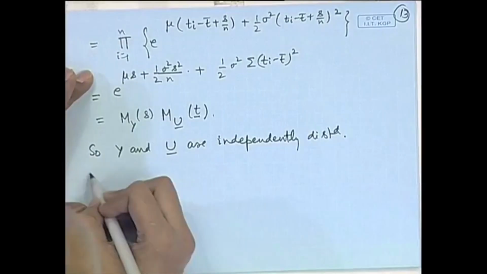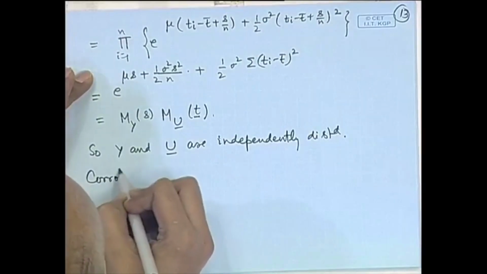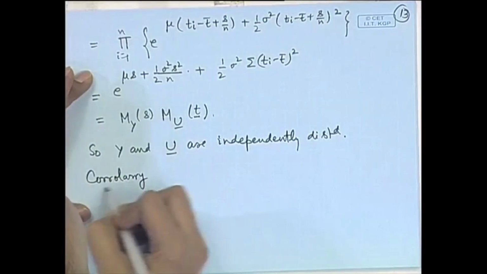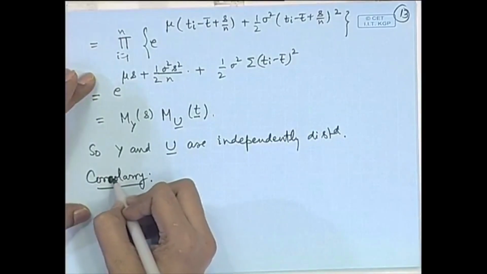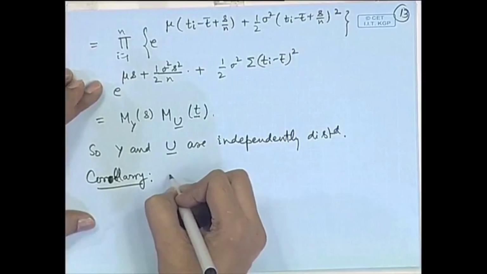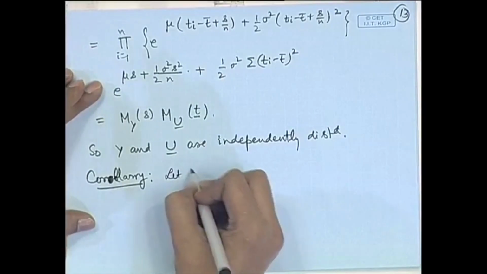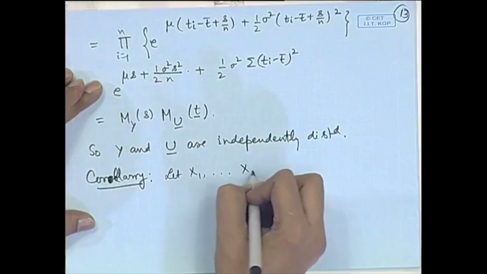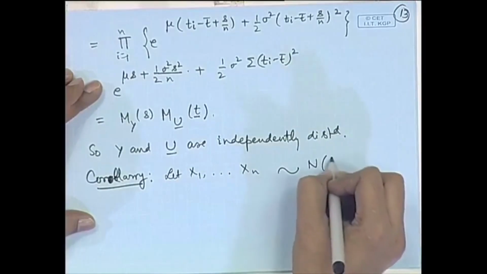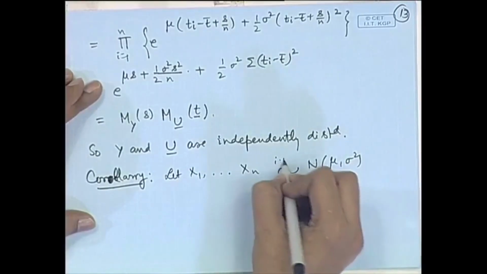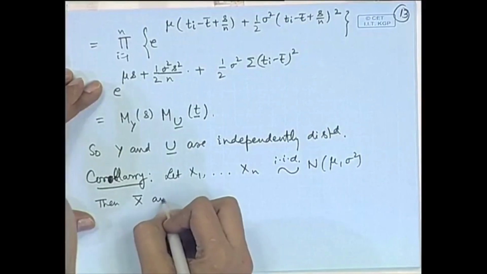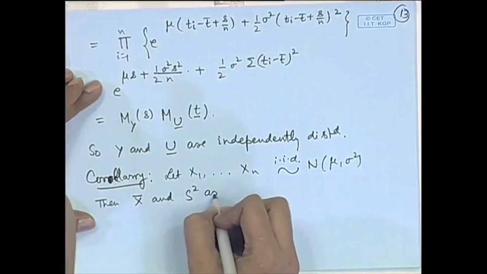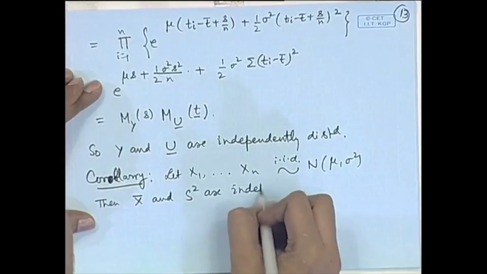So, as a consequence, we have the following corollary. That is, let x_1, x_2, ..., x_n be a random sample from a normal mu sigma square distribution, then x bar and s square are independent.